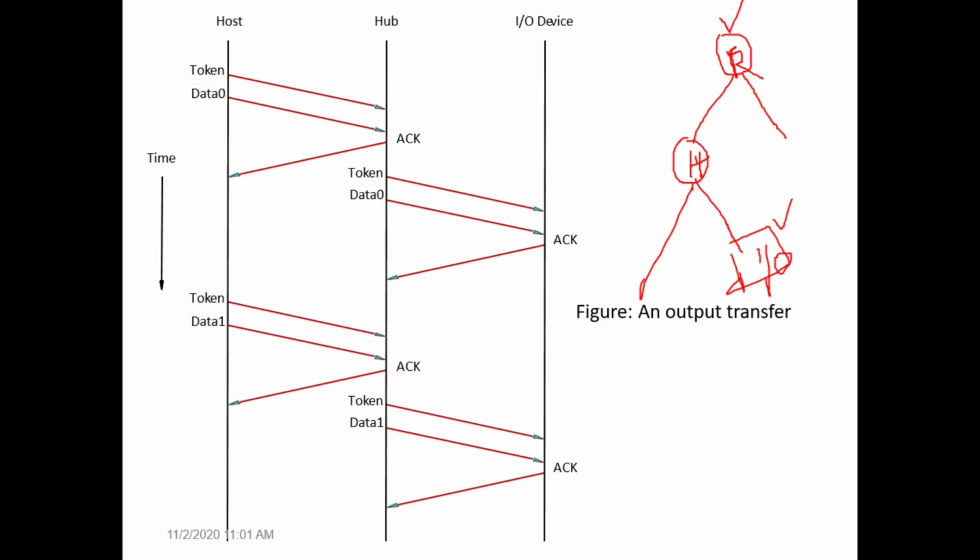So the host or root hub initially sends a token to this hub here, and then sends the actual data. This particular hub will receive the token as well as the data, and the hub will respond back to the root hub saying that the data has reached.